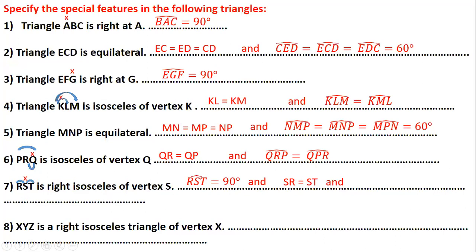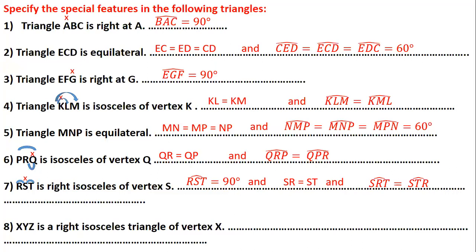R and T. So name the angle at vertex R. TRS. Name the angle at vertex T. RTS. They are what? They are equal, right? Yes.